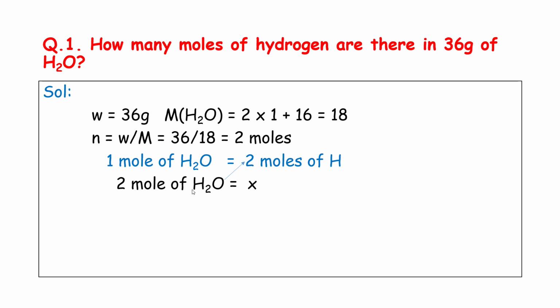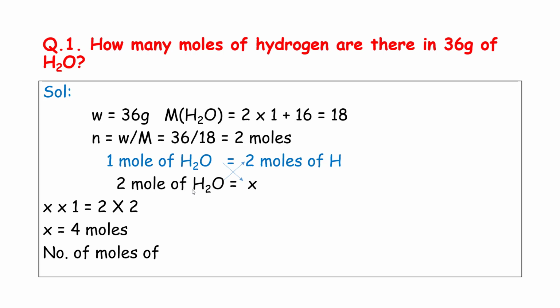Now again what we do, cross multiply. So X into 1 equals 2 into 2, that will come as 4 moles. So we can say that the number of moles of hydrogen in 36 grams of H2O is 4 moles, right? So first what we need to do is always calculate moles if it is not given, and we need to observe which particular formula we need to apply, right?